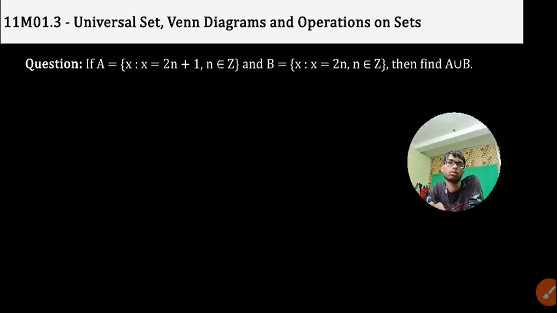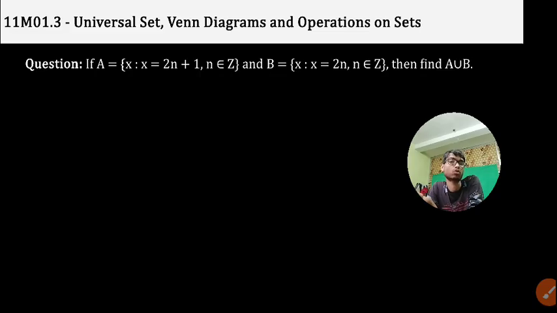So here first of all n is 0, then we will get 1, and for n is 1, then 3, and the opposite of this we will get as well. Next we have B is equal to the set of x such that x is equal to 2n.